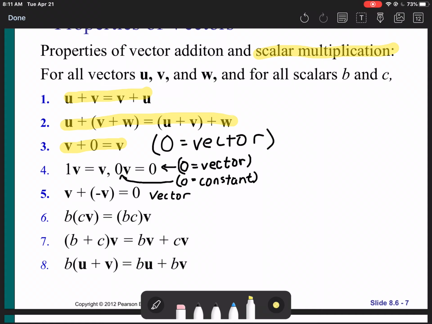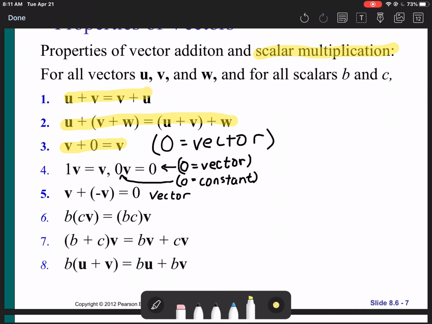I can add two vectors, which we've done, to get a resultant vector. Number three should make sense, nothing different than what we always say with addition. I'm taking vector v and adding 0 to it, and I still have vector v. But in this case, that 0 is representing our 0 vector, so it's the sum of two vectors.